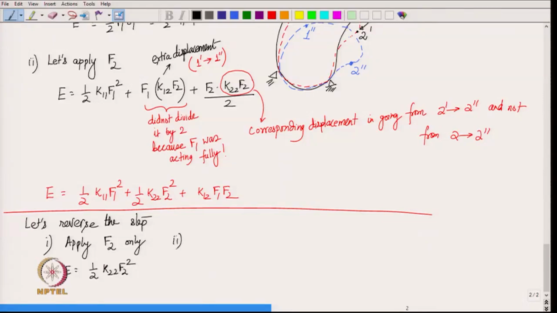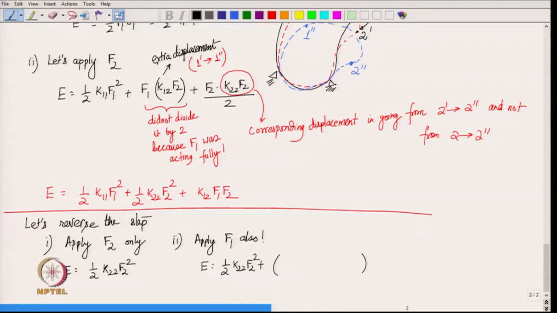In step 2, apply F1 also, but when we do this F2 is already acting fully. So, what will be the additional energy? So, total energy will then be half K22 F2 square plus the additional energy, right.